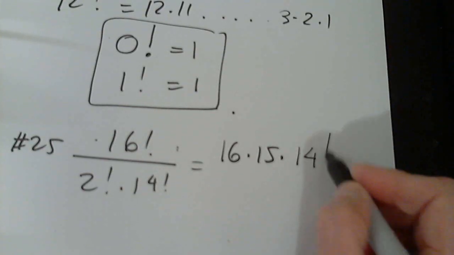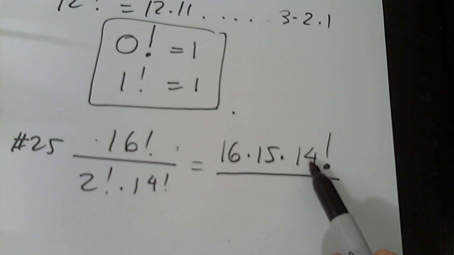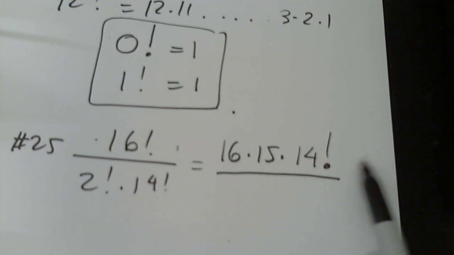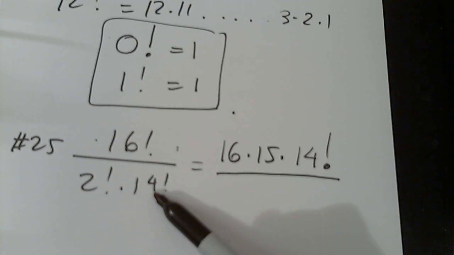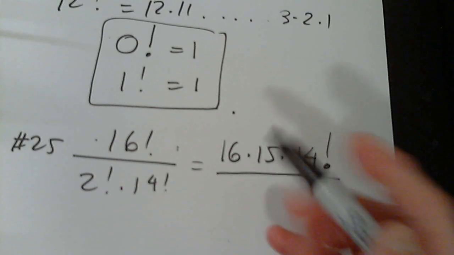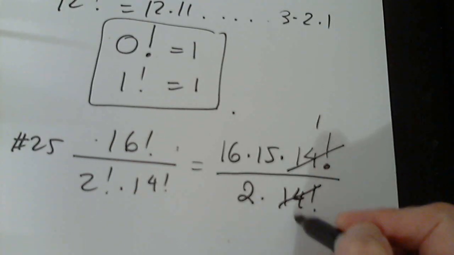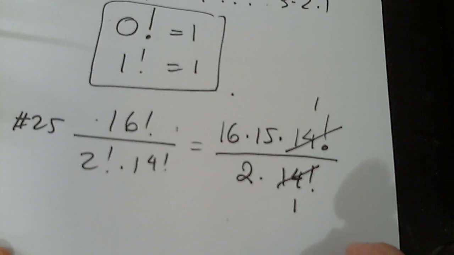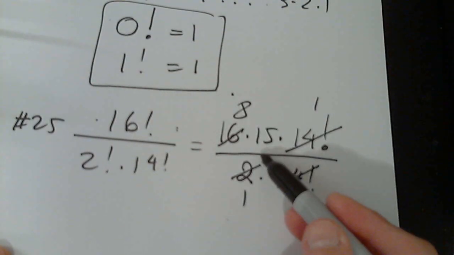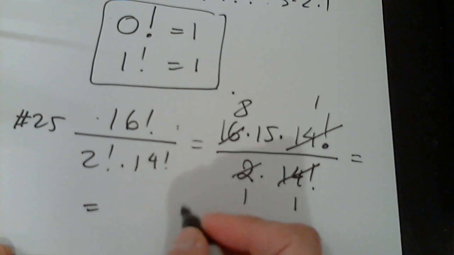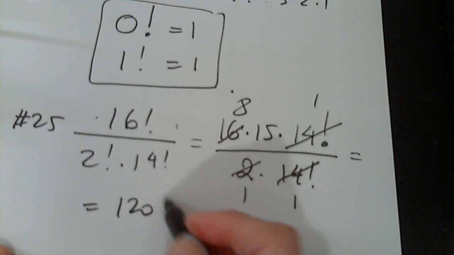Instead, I'm going to stop here, because 14, 13, down to 3, 2, 1 is 14 factorial. Why did I stop at 14? Because 2 factorial is simply 2, and I got rid of 14 factorial gracefully. I simplify by 2, and I only have 8 times 15. 120. Done.